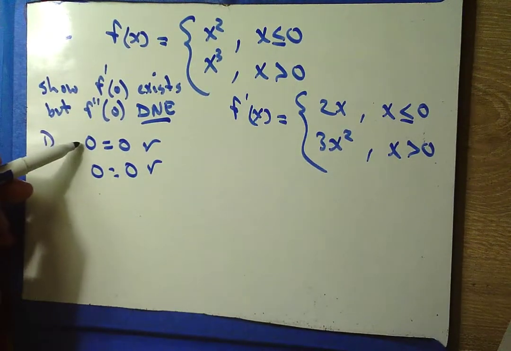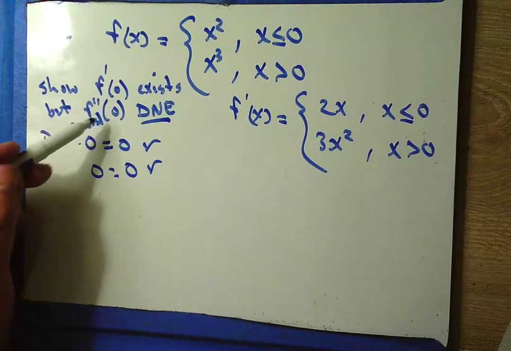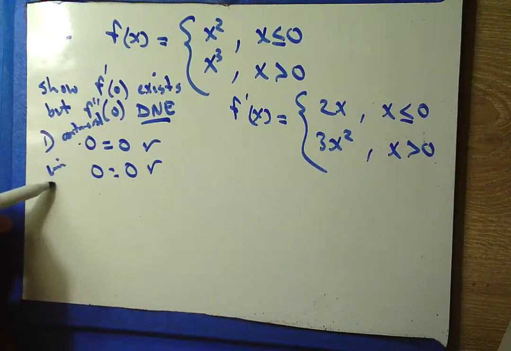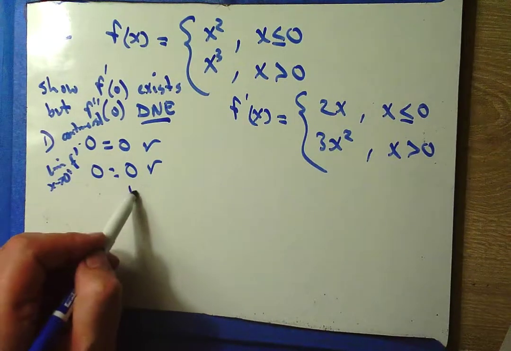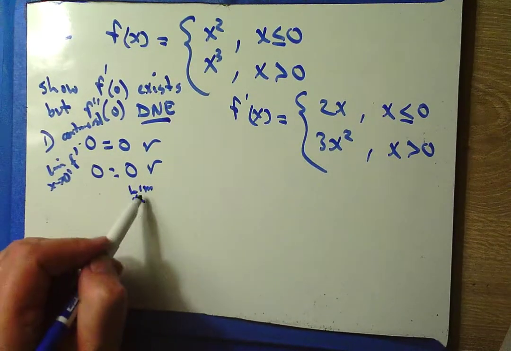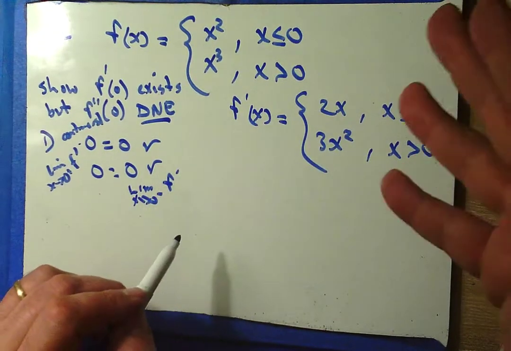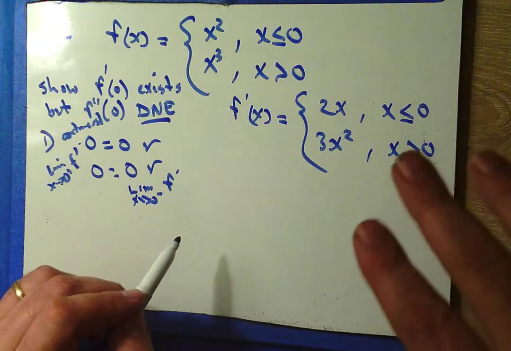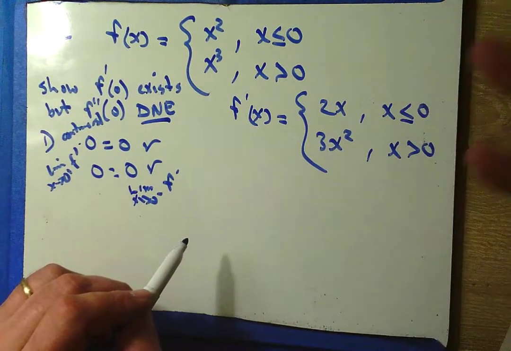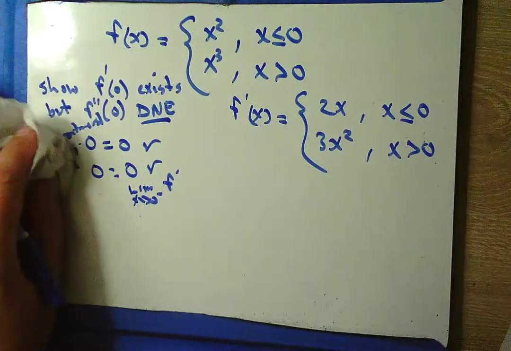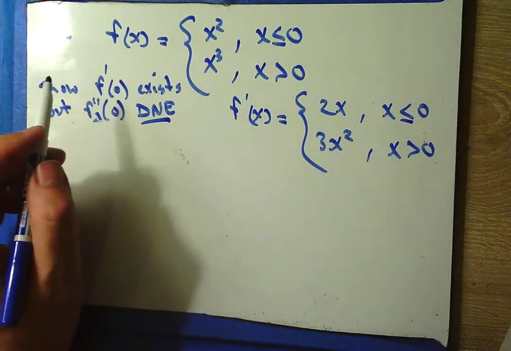So the function is continuous, and the limit as x approaches 0 from the positive side of f prime equals the limit as x approaches 0 from the negative side of f prime. So we know here that this function f of x, the derivative exists, f prime of 0 exists. But now what about f double prime of 0? That's not supposed to exist.